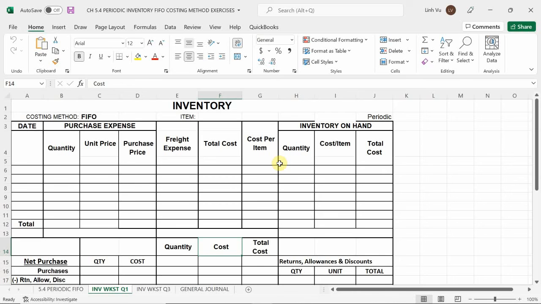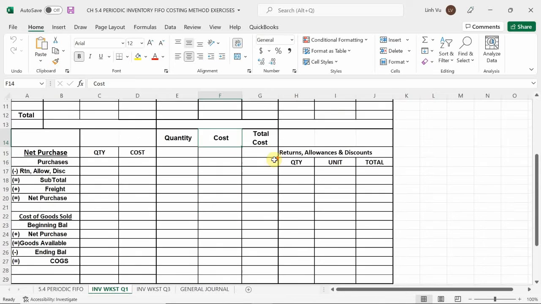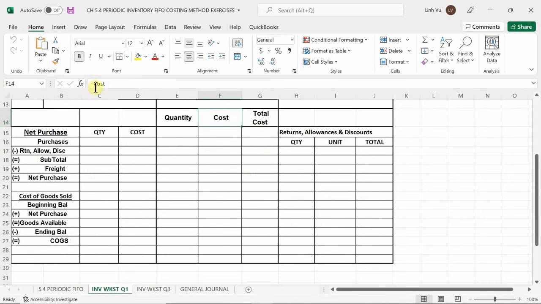The inventory on hand is meant for when you have beginning inventory, okay? Then the bottom half, right? This is where you're going to be calculating your total number of units, the units available, and so on and so forth, and your cost of goods sold, right? And your ending balance. This is your workspace.